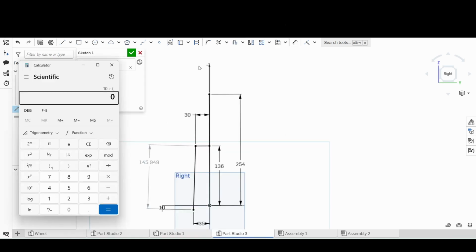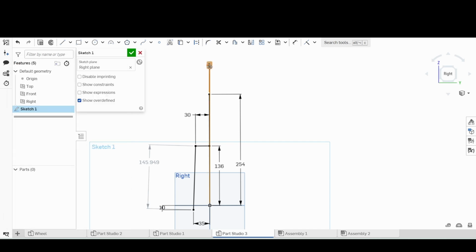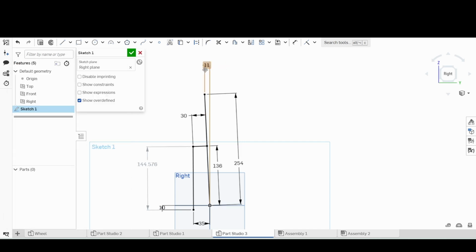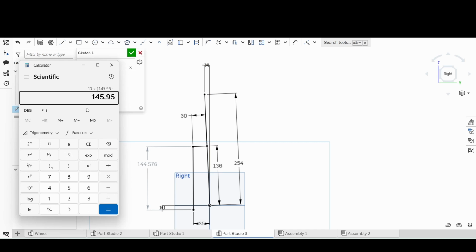So let's say the pedal moves 10 millimeters. We'll take the starting master cylinder length, move 10 millimeters, take that number.